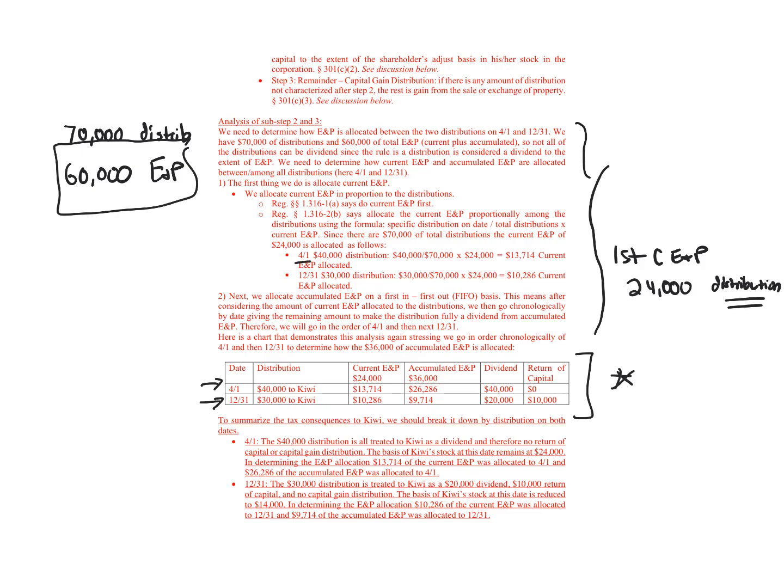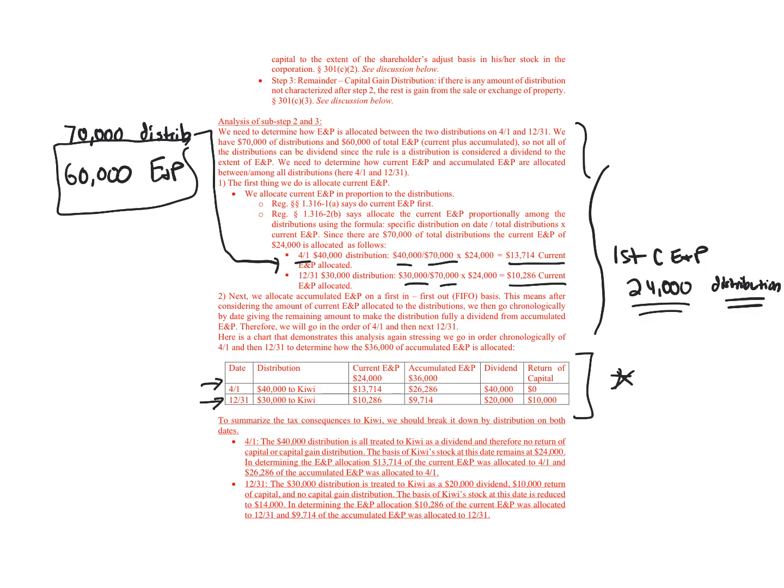On April 1st, there's a $40,000 distribution out of $70,000 total during the year. On 12/31, it's 30,000 over 70,000 total times 24,000. So $13,714 of the $24,000 gets allocated to April 1st. $10,286 of the current E&P gets allocated to 12/31. Those add up to the $24,000. Again, that's because we're using the pro rata approach based on the amount of distributions.